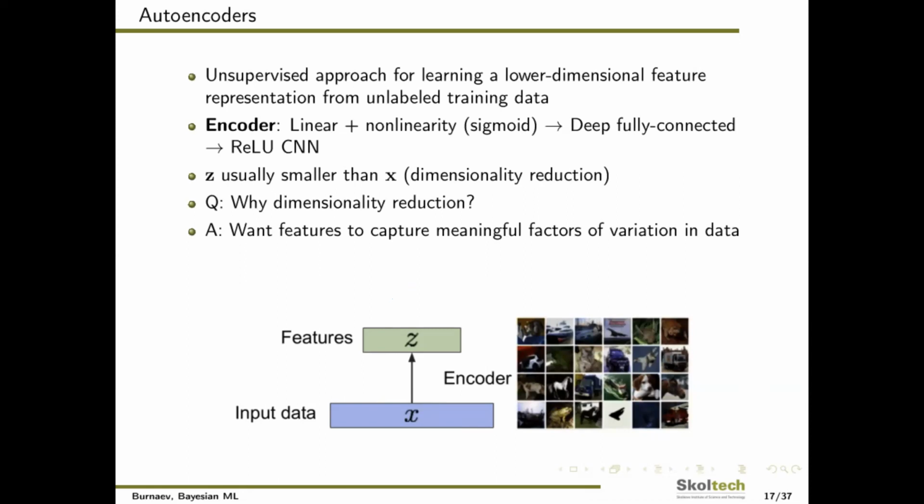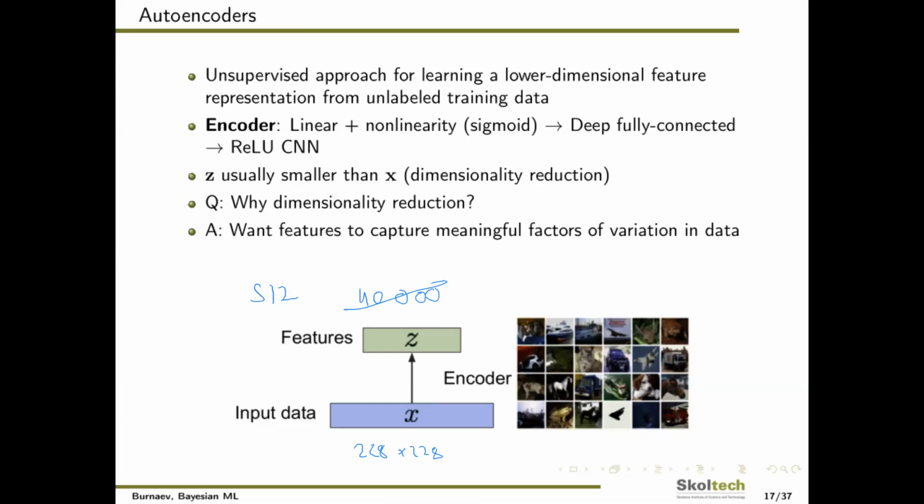Also, typically we want this feature representation to be smaller in terms of dimension. If you have large images, something similar to ImageNet, you don't want to have 40,000 features; we want something smaller, like 512 and so on.